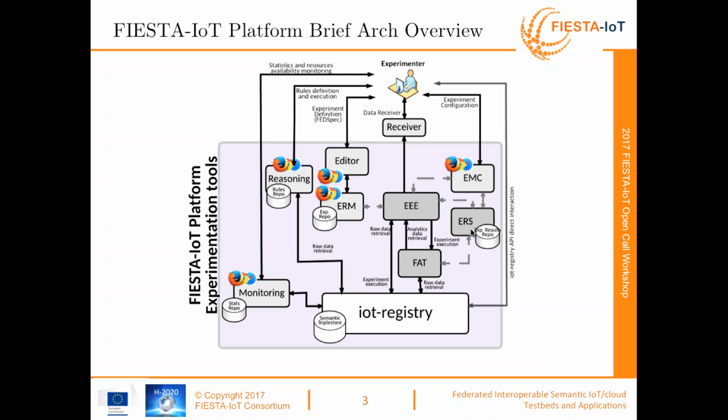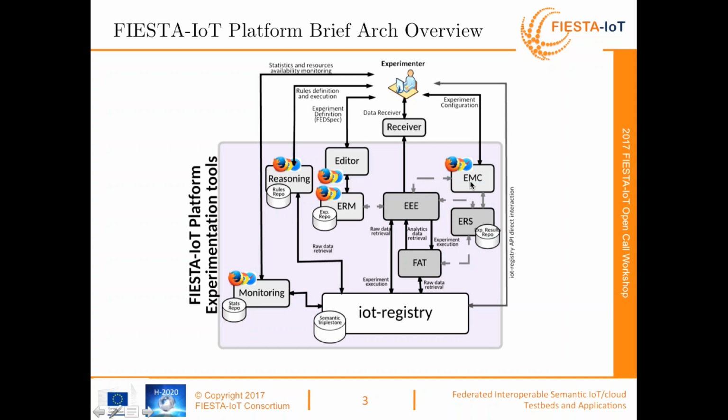You need to log in, go to the execution management console and say, okay, I want to start this particular experiment now, or pause my experiment now, and I do not want to receive data for this specific experiment now. This functionality is also provided, and it is managed by EMC, which is the management console.